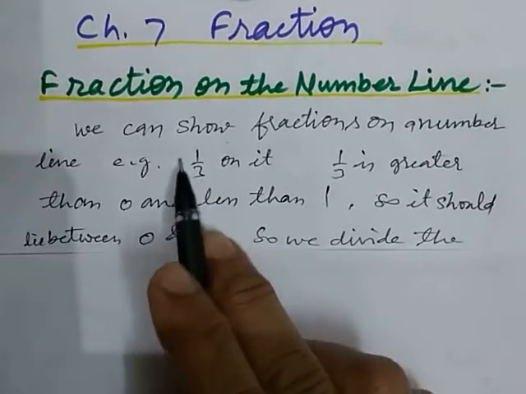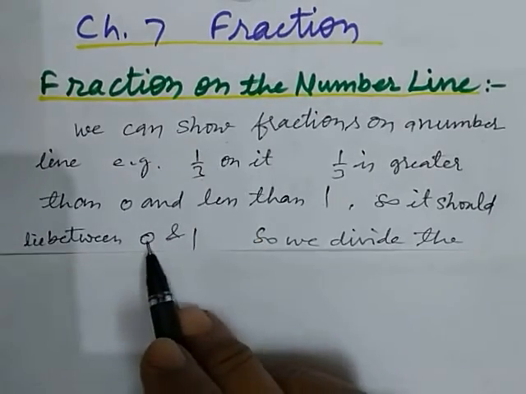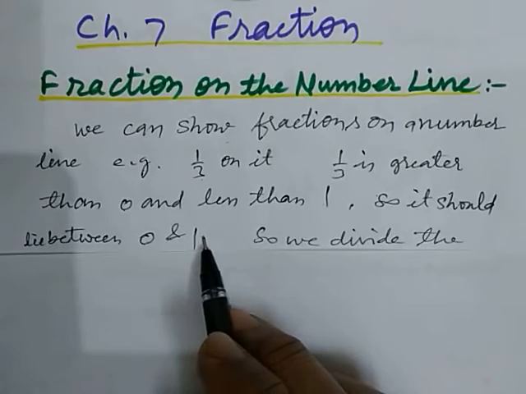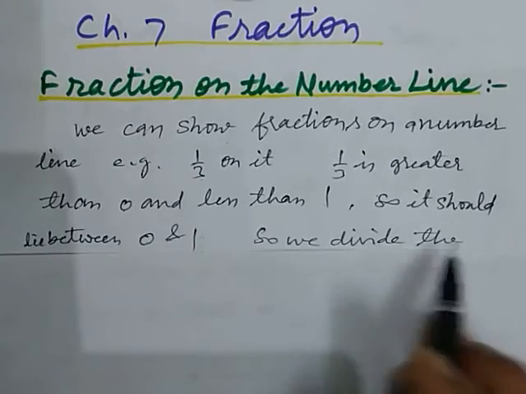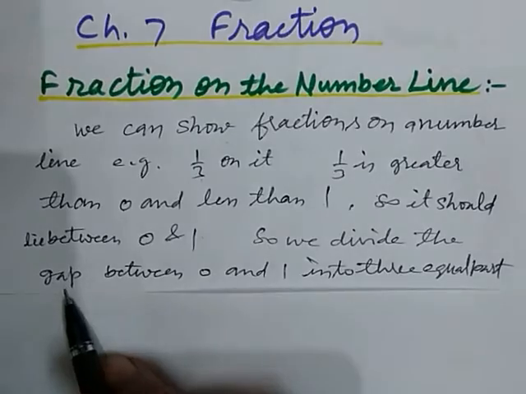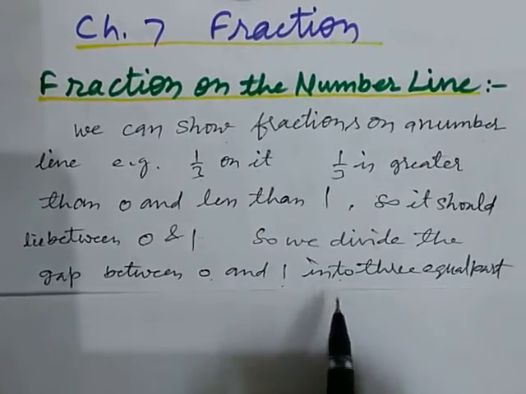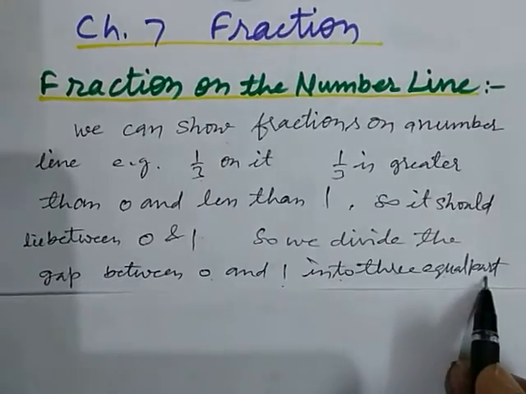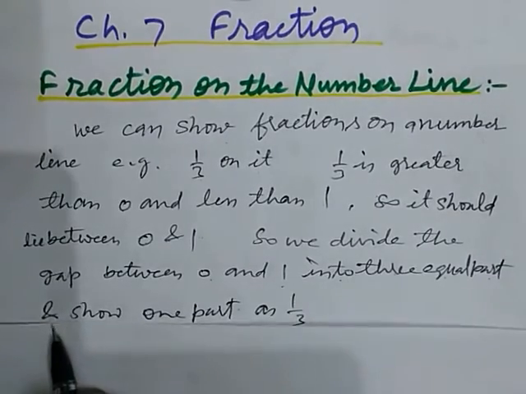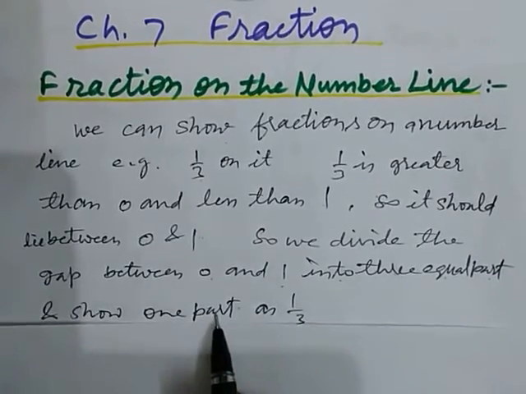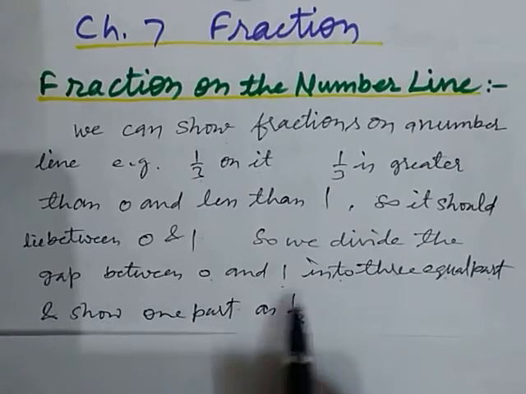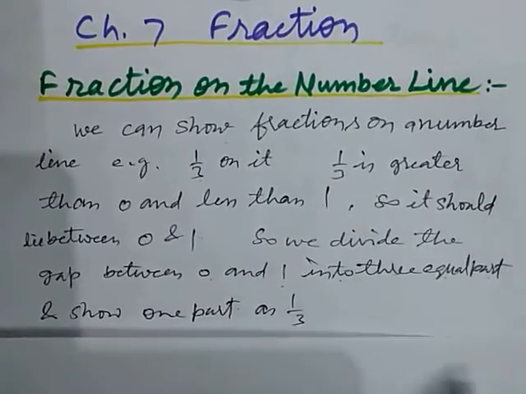So we divide the gap between 0 and 1 into 3 equal parts, and show one part as 1 by 3. This is the way.